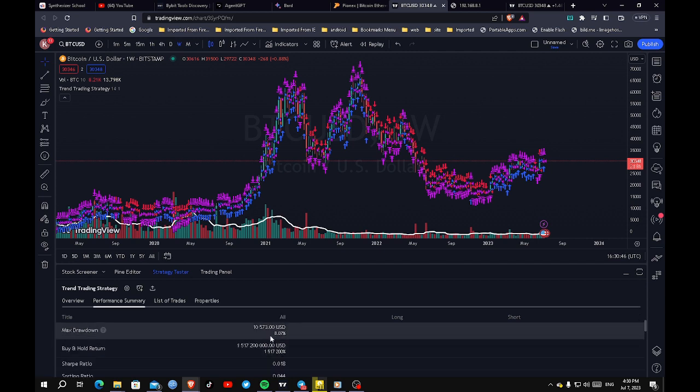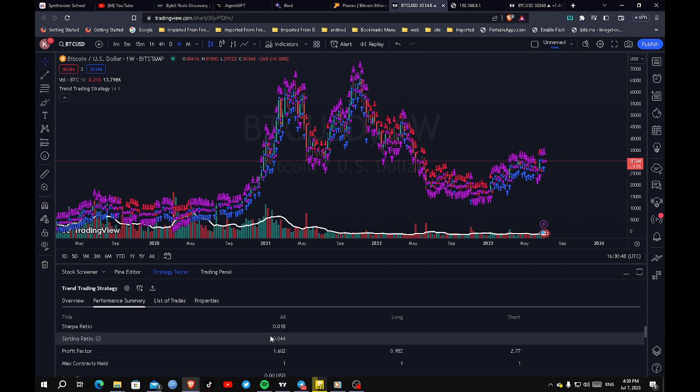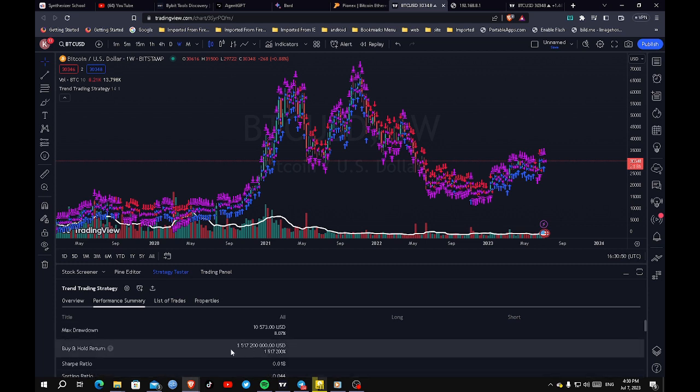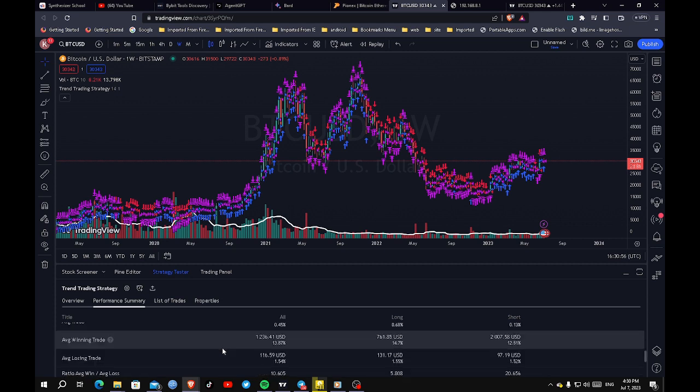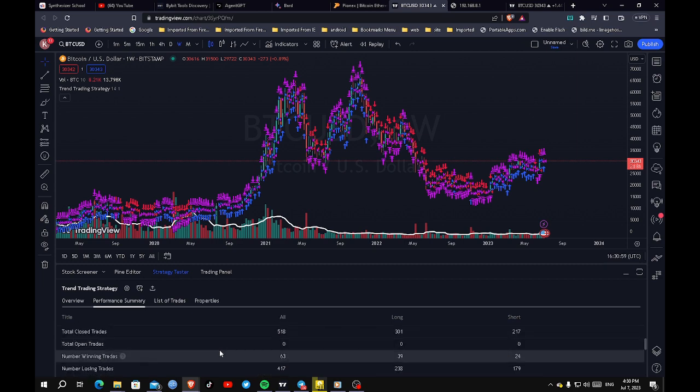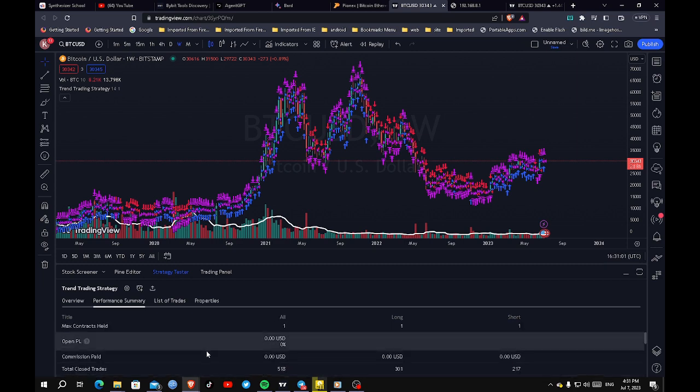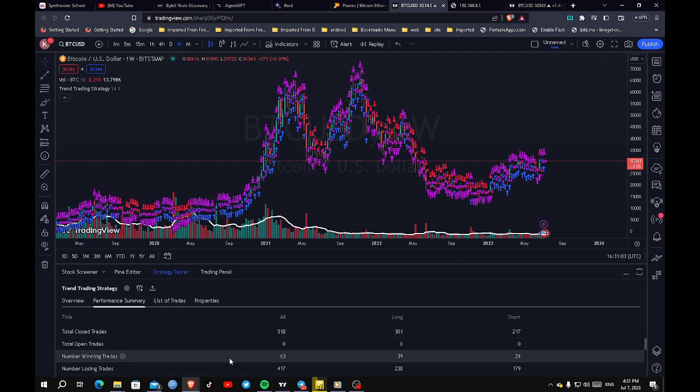Max drawdown is 8%. It's not that high. Buy and hold return, well, that one is much higher. Let's see, total open trades, total closed trades. Number of winning trades is 63.